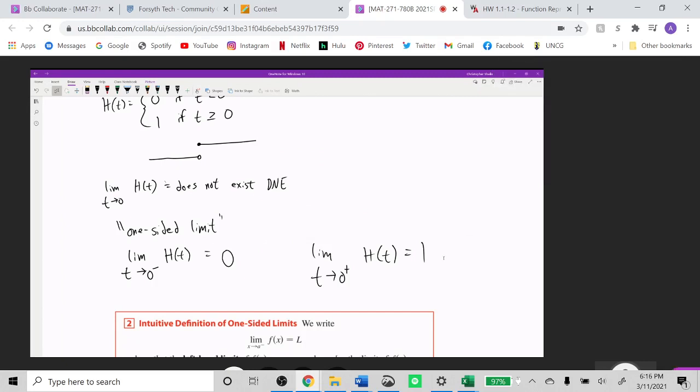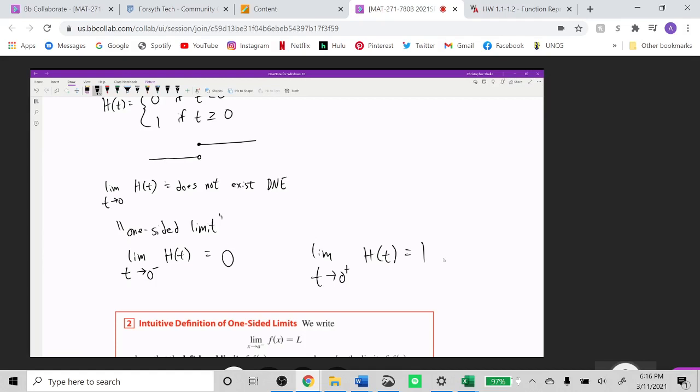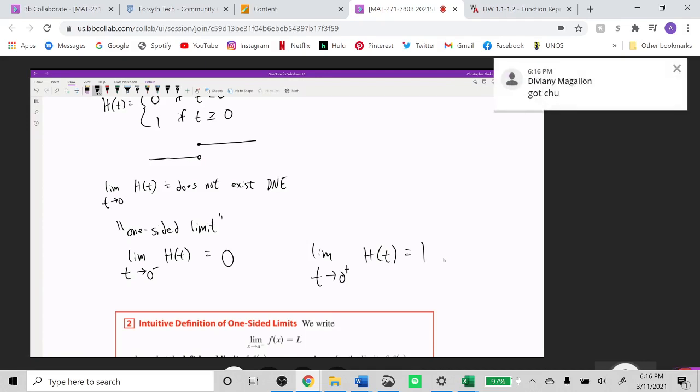Because in order for the limit as t approaches 0 of h of t to exist, these two limits have to be equal to each other. If we had a function where these two one-sided limits were the same, then the limit as t approaches 0, for instance, would exist in that case. Does that make sense? Cool.